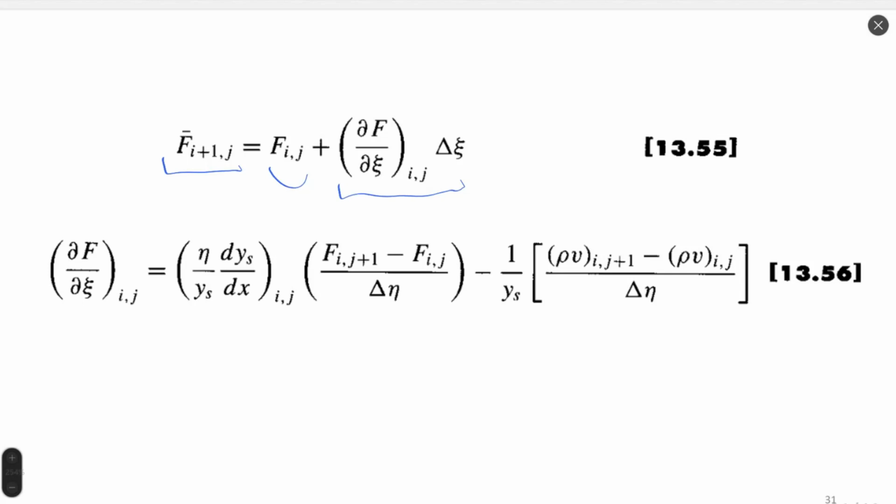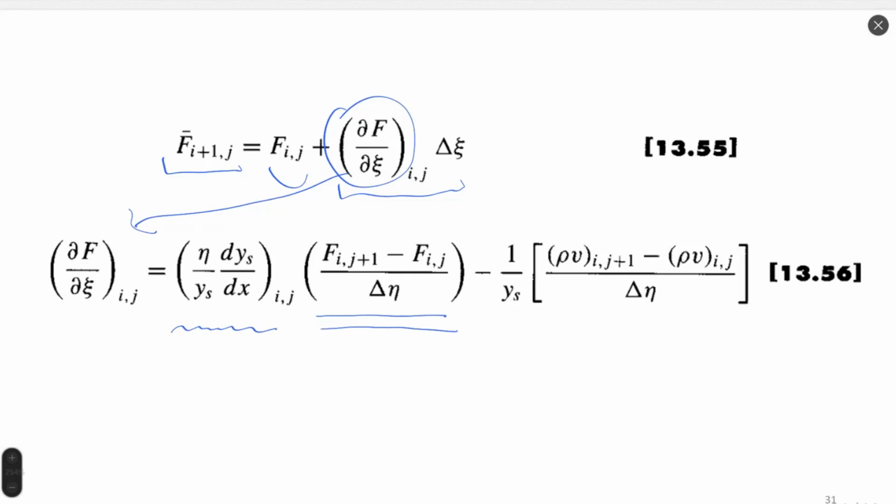Where this derivative can be calculated by a relatively simple equation. Here, transformation of coordinates, the first component. Then this second component is a derivative calculated from point j plus 1 and j. So it's a forward derivative.